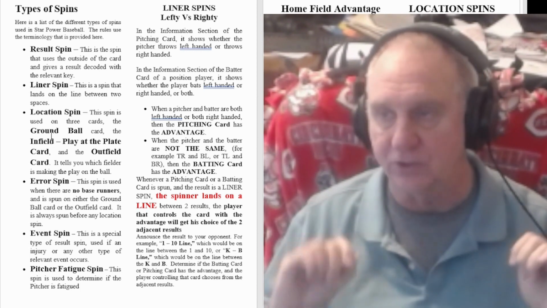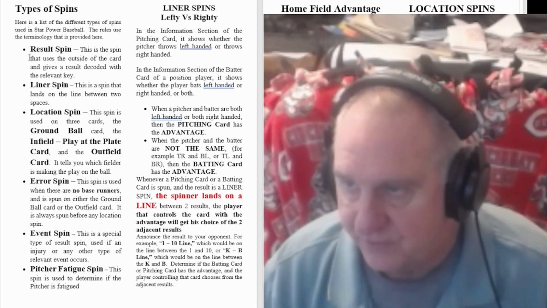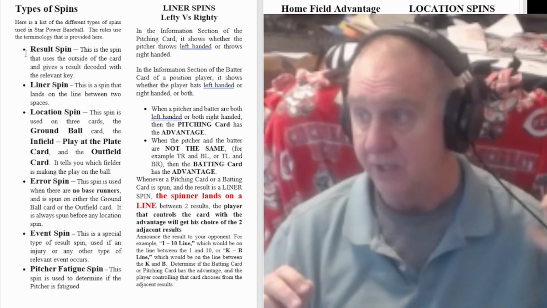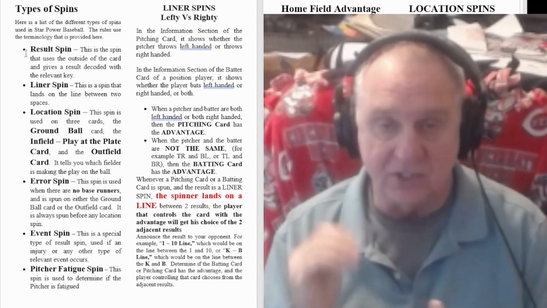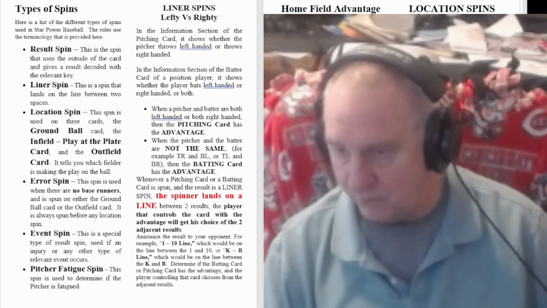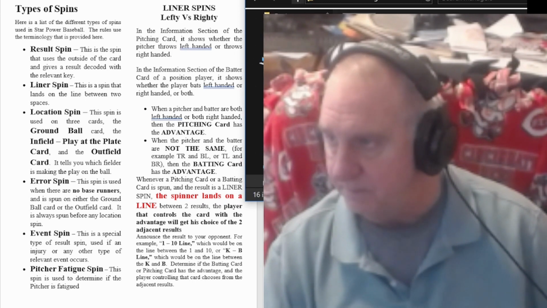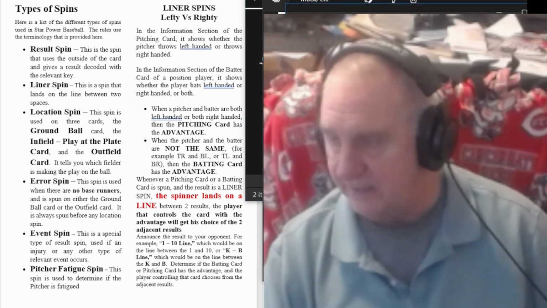Okay, let's talk about the first kind of spin: the result spin. This is a spin that uses the outside portion, or sometimes on some cards the inner part, but most of the time on player cards it's the outer portion of the card. Let's pull up a player card real quick. Here's the 1937 award winner Charlie Gehringer.